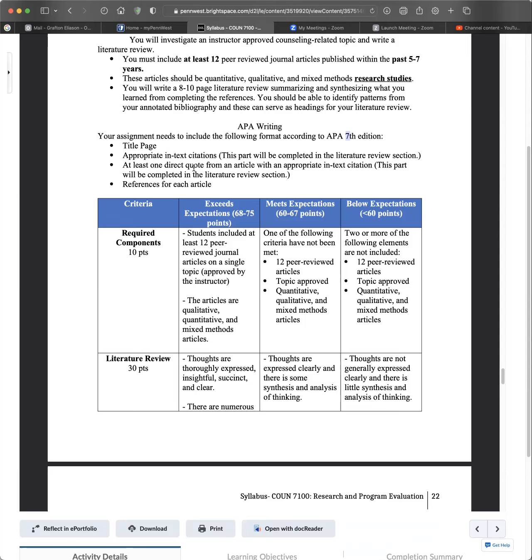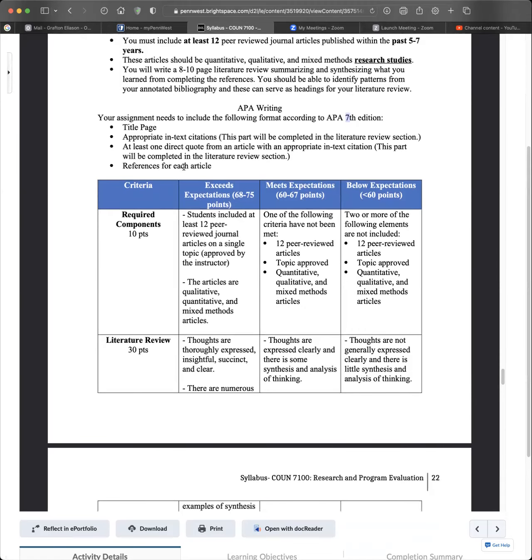At least one direct quote from an article with appropriate in-text citation in the lit review section. So we do want you to have at least one quotation, but once again, not a paragraph, a couple sentences at the most. A reference for each citation or article that you used.